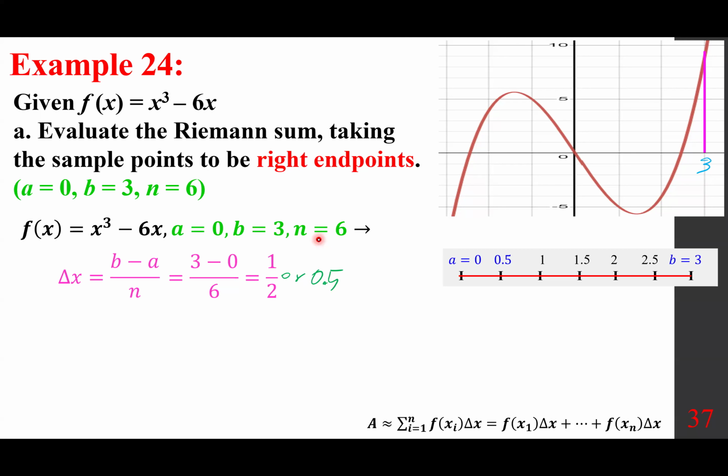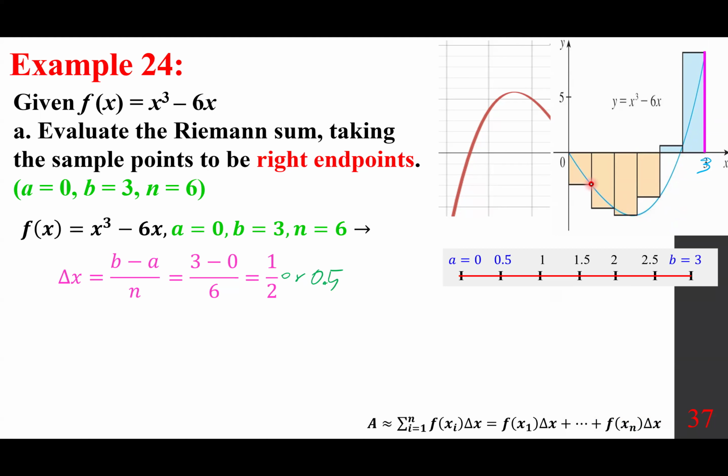So you cut this into 6 pieces as follows. Notice the endpoints that we are using are the right endpoints. So if you look at the first one, here, this is 0.5 or 1/2. Then 1, 1.5, 2, 2.5.